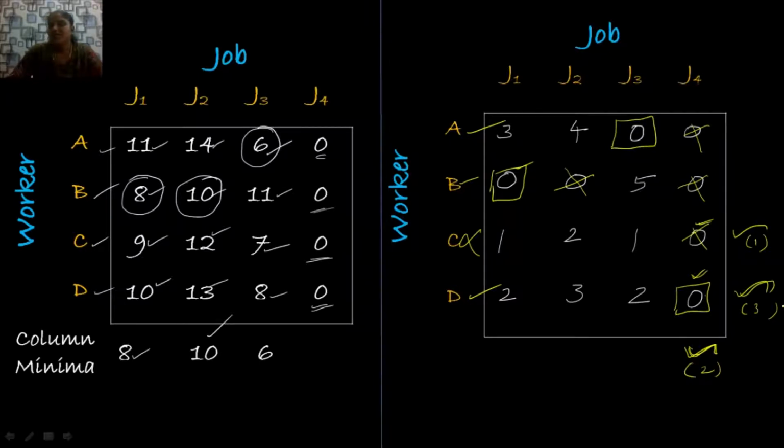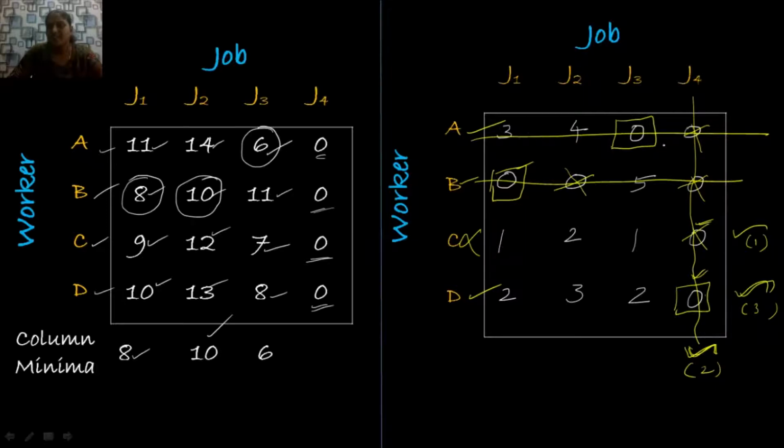After this, we have to draw a straight line through all unmarked rows and marked columns. The first and second rows are unmarked, whereas the third and fourth are marked rows.